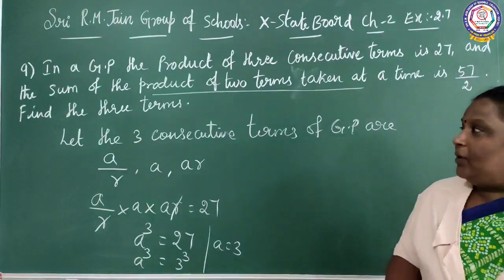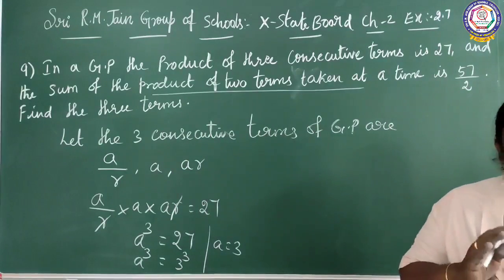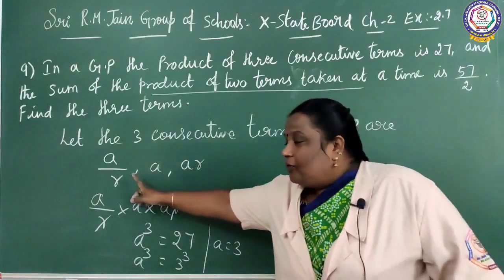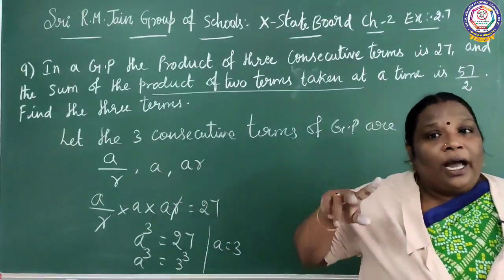What is the next term given in the question? Sum of the product of two terms taken at a time.